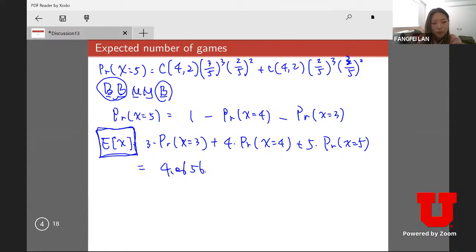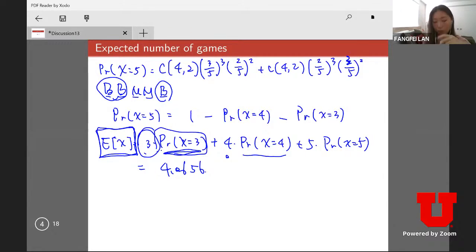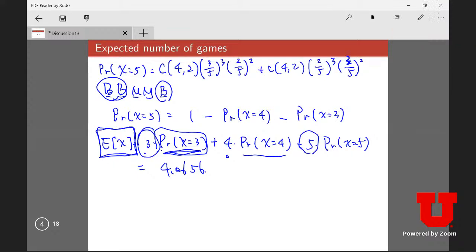That is the expected value formula. But intuitively, you have the probability of it being 3 here, right? And then you have the probability of it being 4. So basically you're weighting each probability. You're saying the probability of it being 3, and then you're weighting it to have a weight of 3. So you can imagine when the length is 5, the game is longer, so that should increase the average length.